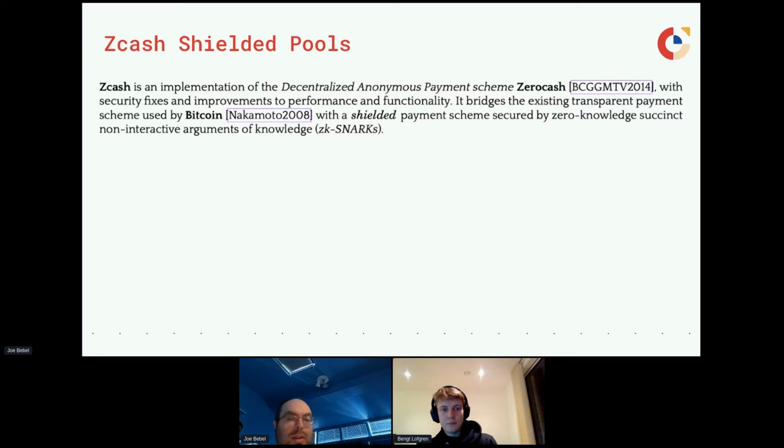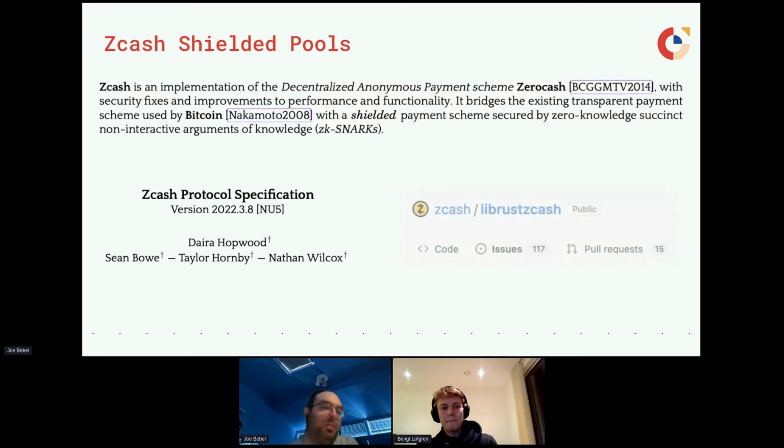But we want to use these ZK snarks to prove that the various properties of the shielded pool are satisfied, such as you cannot, in general, just create value out of nowhere, and you cannot spend other people's value, all these important properties. We prove these using zero-knowledge snarks.